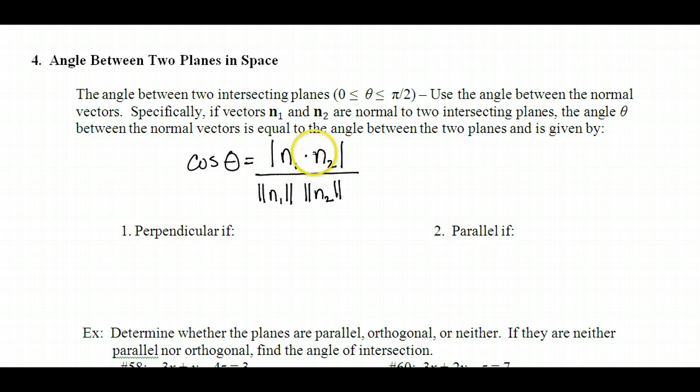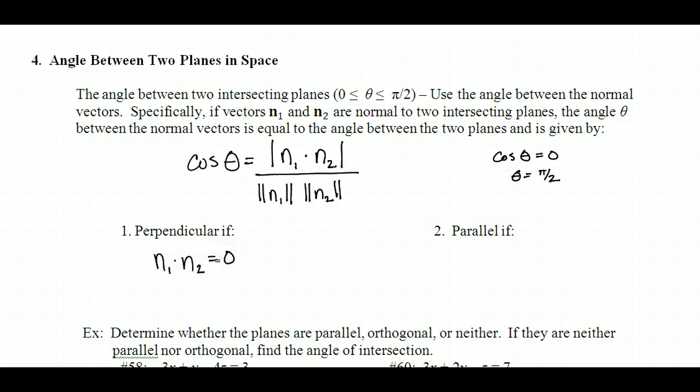And this is absolute value, so then when you do the inverse of cosine, you'll always end up with an angle between 0 and pi over 2. You know that the 2 planes will be perpendicular if this dot product is equal to 0. Because remember that cosine of theta, if it's equal to 0, then theta is equal to pi over 2. So they're perpendicular if n sub 1 dot n sub 2 is equal to 0.